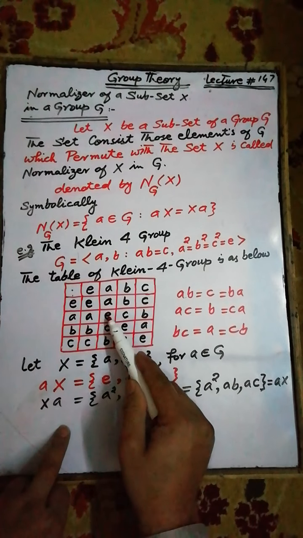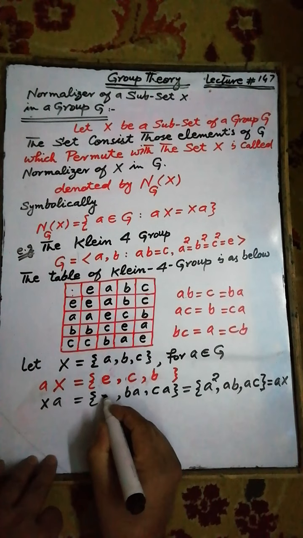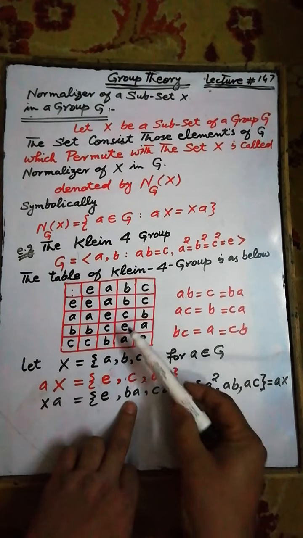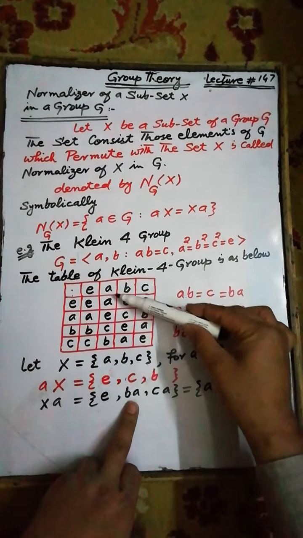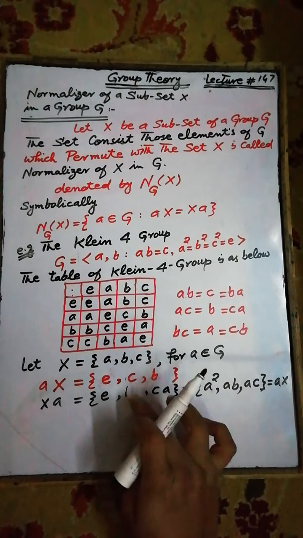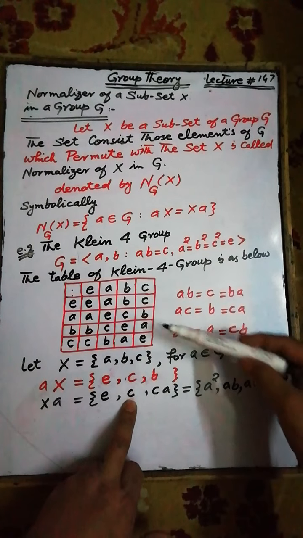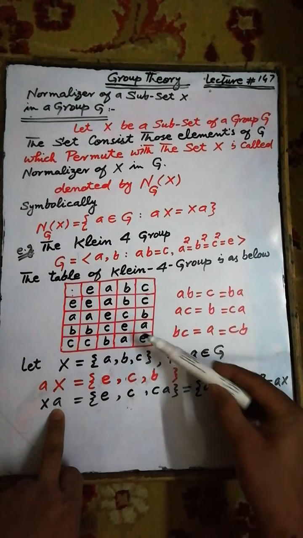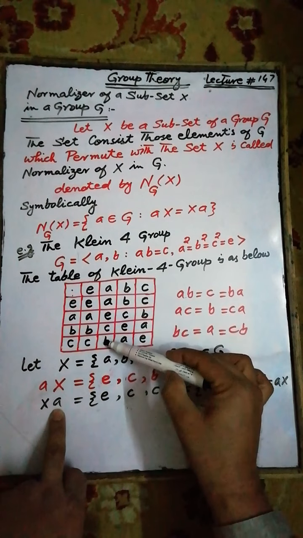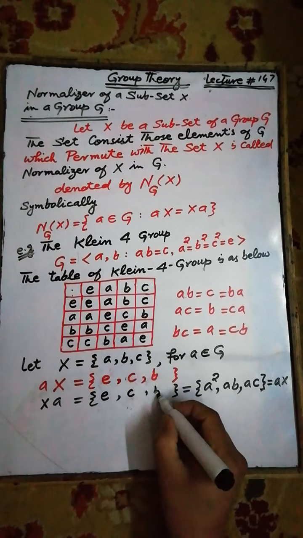When we operate A with A, the result is the identity element, denoted by E. And when we operate the element B with the element A, the result is equal to an element C. Operating A from the right side with the element C of the set X, that is CA, the result is equal to an element B.